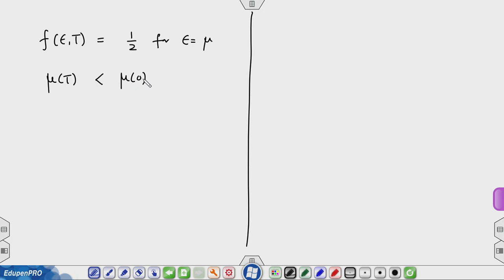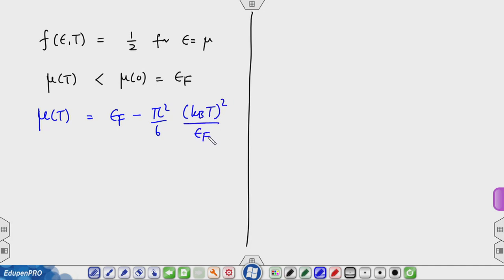It is less than mu(0), which equals epsilon F, and mu(T), and this I'll give you as an assignment problem, comes out to be epsilon F minus a constant pi square over 6 kB T square over epsilon F.